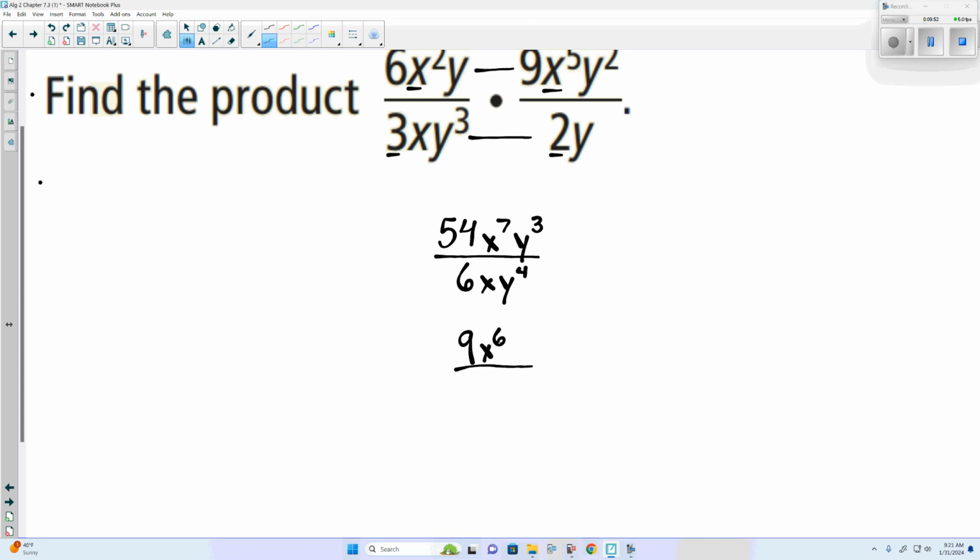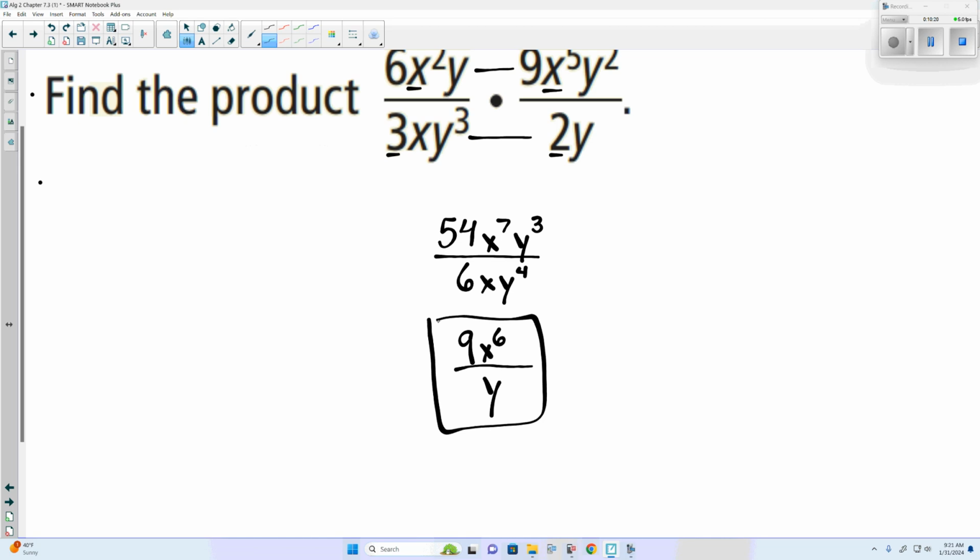And since it's bigger on top, it stays on top. Our next one, y to the 3rd over y to the 4th. So again, we could say 4 minus 3 is 1. It would technically be negative 1, but since it's bigger on bottom, it stays on bottom. So we would put y to the first on the bottom.